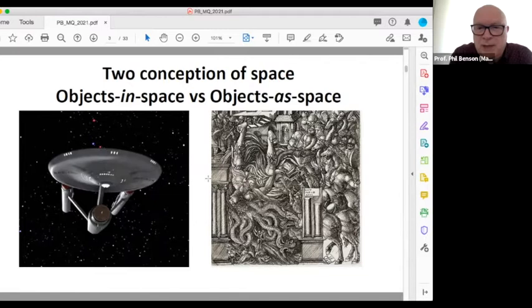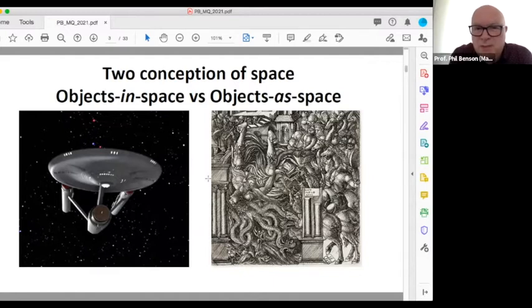The image on the right is, I think, an engraving by Jean Duvet. It's what's known as a horror vacui image, where every available space is filled. And the idea that that image is conveying is that objects are space, basically, that there is no empty space.